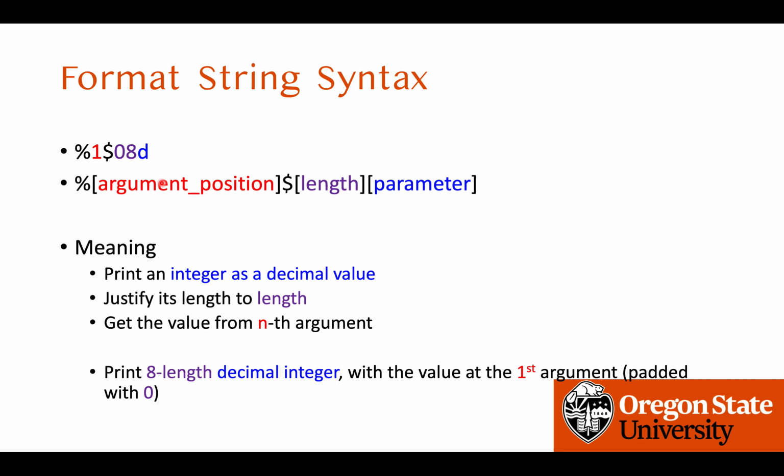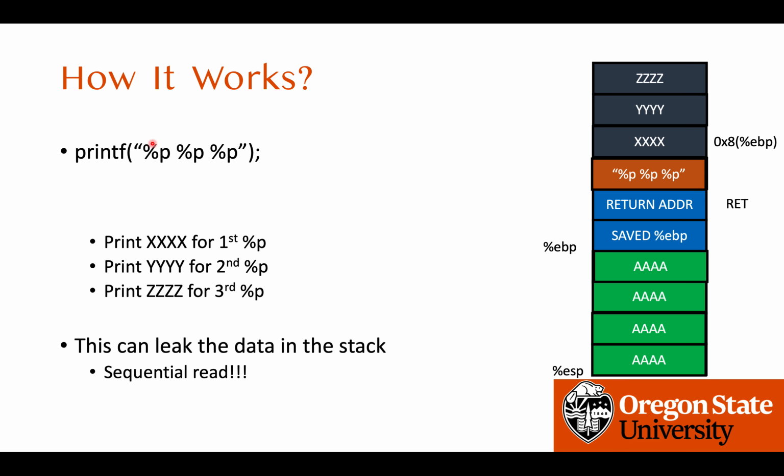Previously we just learned that if we do %p, %p, then it will just fetch the arguments mechanically: increasing by 1 and fetching this, increasing by 1 and fetching this, something like this. But actually in printf we can choose the location of the argument. For example, if we put %3$p, then it will fetch the third one, not the first one.